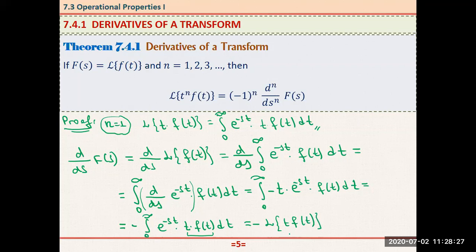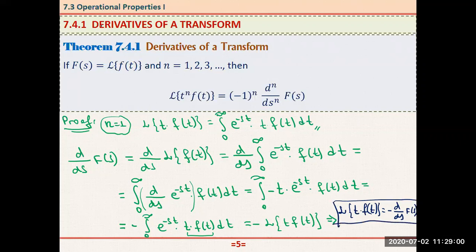So now from here, if you just multiply both sides, let me change the marker color. The Laplace transform of t times f of t is equal to, taking this minus to the left hand side, minus d ds of F of s. Okay, that's the first thing.